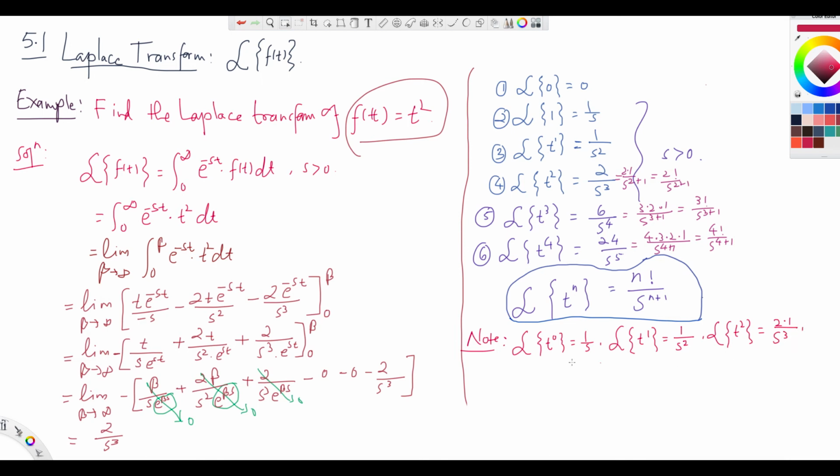And then what is the Laplace transform of t to the third? The Laplace transform of t cubed is 3 factorial, that is 3 times 2 times 1, over s to the 3 plus 1, right?